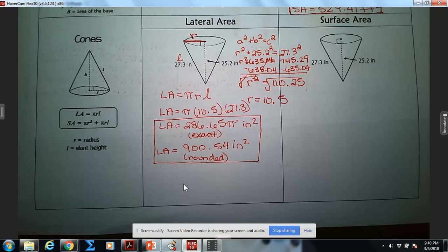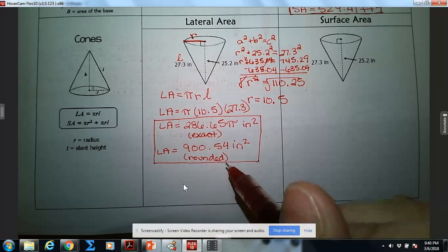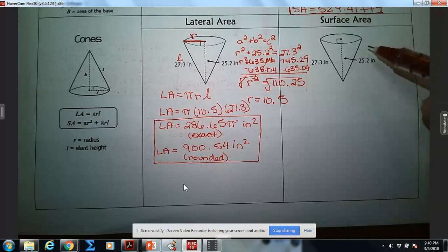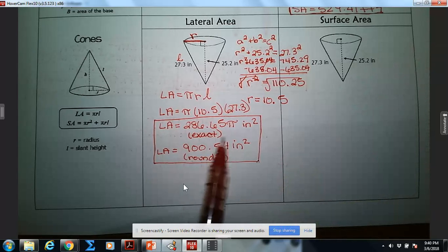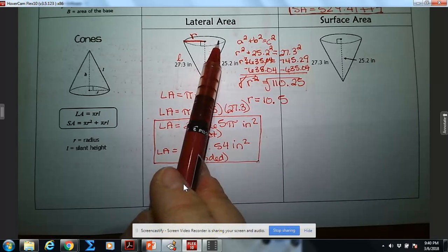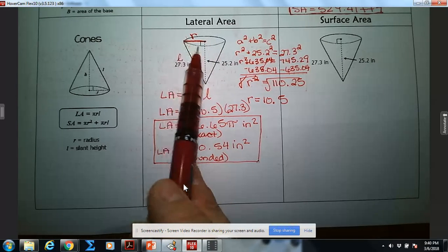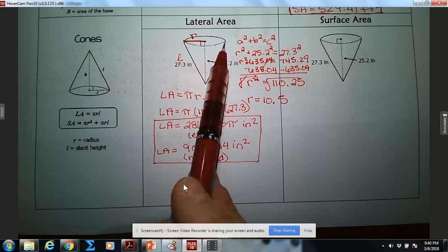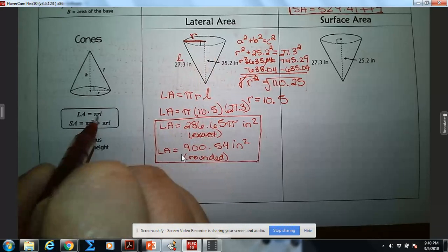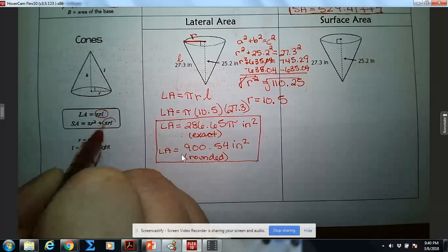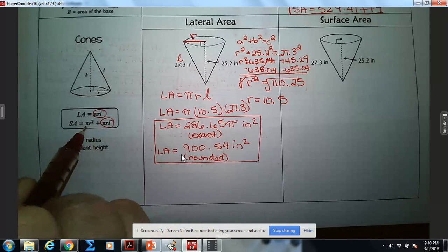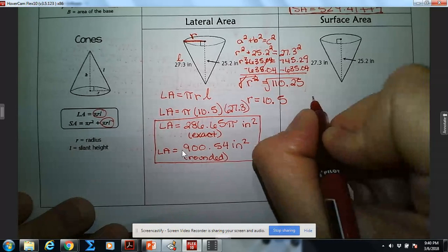Okay. Final leg of this race, guys, we need to be able to extend it one step further to the surface area. This formula, lateral area, did not include the base. So it didn't include this circle as the base of the cone. The surface area takes that exact same lateral area, but adds in pi r squared, which is your area formula for the circle.